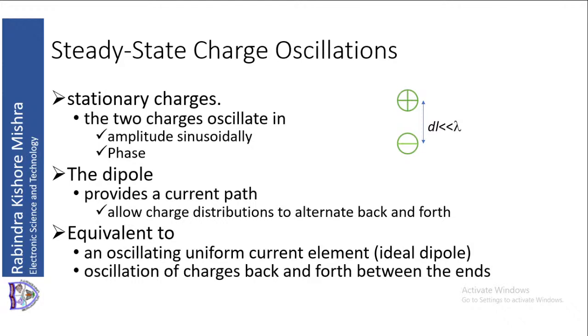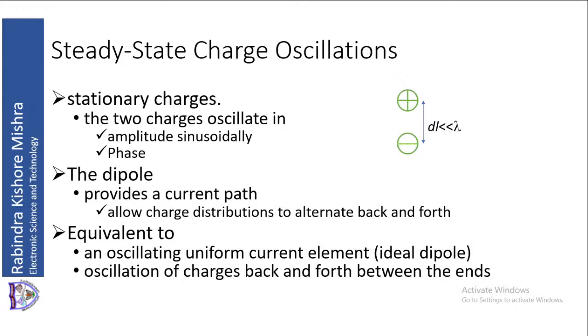If there is a charge which is accelerating, that creates disturbance, or that creates radiation. So an accelerated charge is a source of radiation. That we will discuss when you take a complete course on antennas. But for this course, just remember that accelerated charge is the source of radiation.